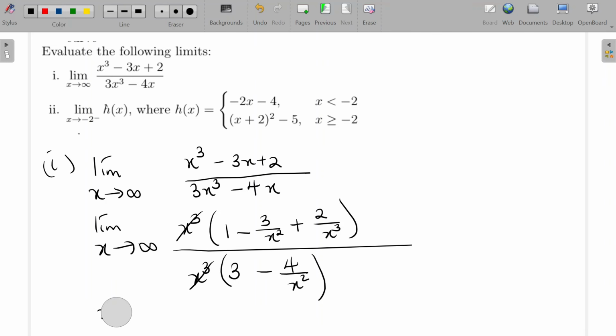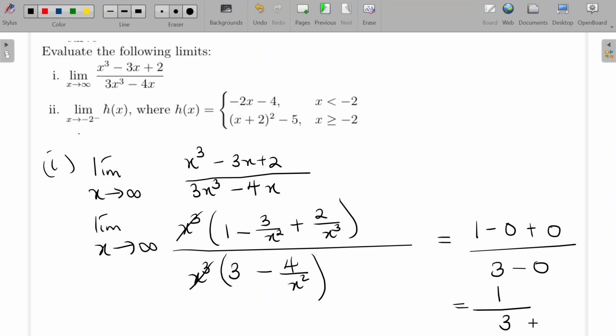You're going to say this is equivalent to the limit. So when this becomes 0, you're going to have 1 minus 0 plus 0 over 3 minus 0. Then this will be equivalent to 1 over 3. Okay, are we together?